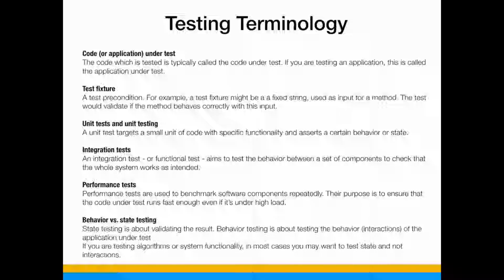And there are two other concepts that are behavior and state testing. Behavior is essentially testing the interactions of an application. So for example, if you have a mobile app and you're going to be clicking on the button, you are just making sure that the interactions of your application are going to be correct.